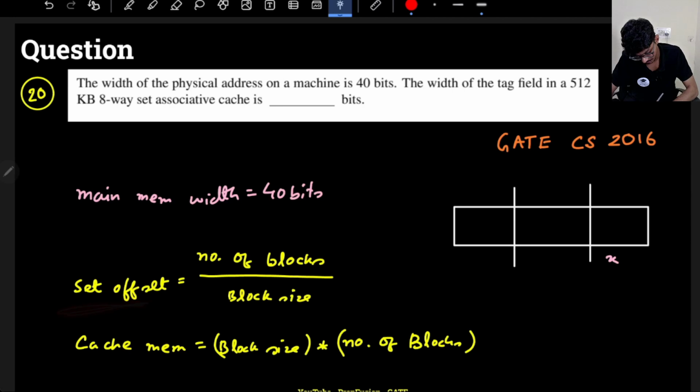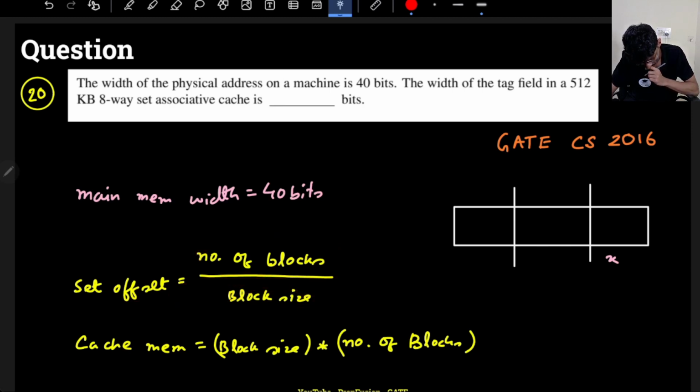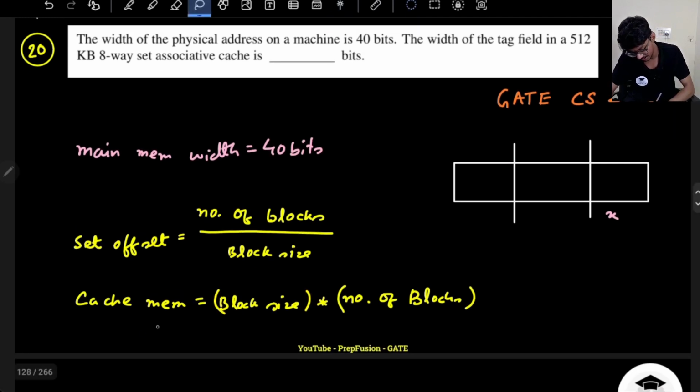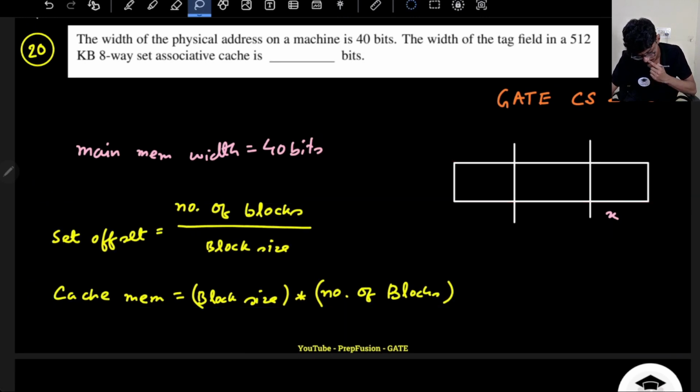Here I can replace this. What will be the block size? Block size will be number of blocks divided by the set. Let's assume the byte offset is x.